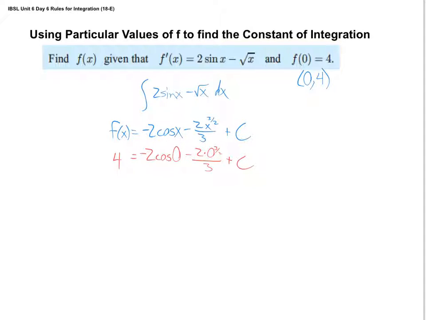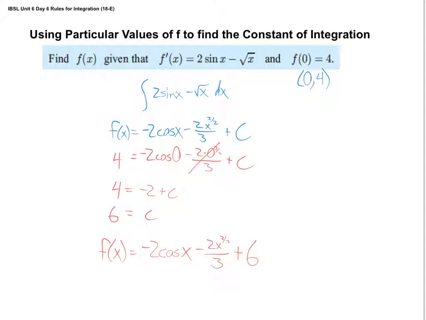All I'm doing is plugging in 0 for x and 4 for f of x. Now I can solve for c. This equals 0. But what's cosine of 0? 1. So I now have 4 equals negative 2 plus c. That means c must equal 6. Therefore, I know f of x is the function negative 2 cosine of x minus 2x to the 3/2 over 3 plus 6.